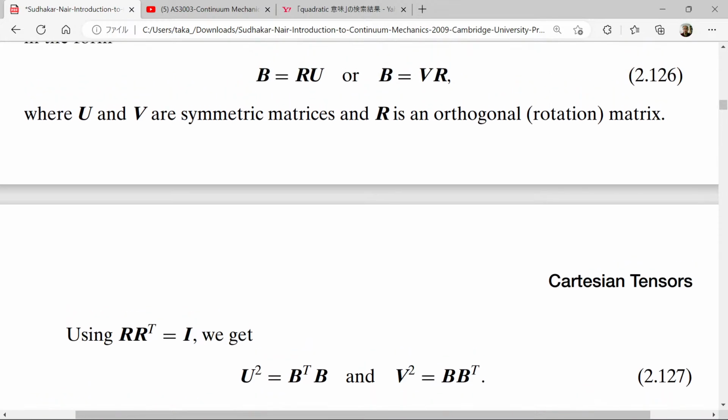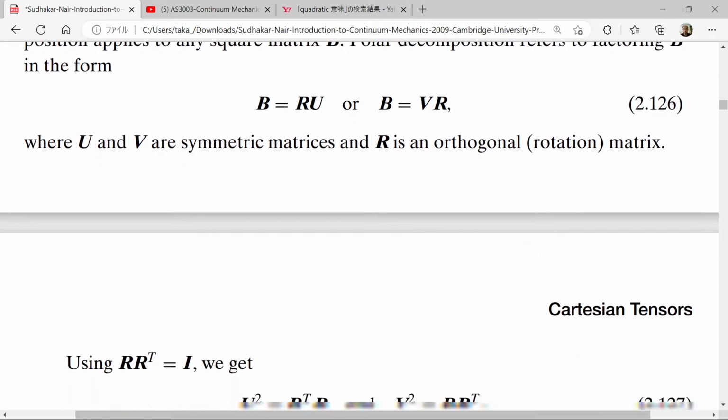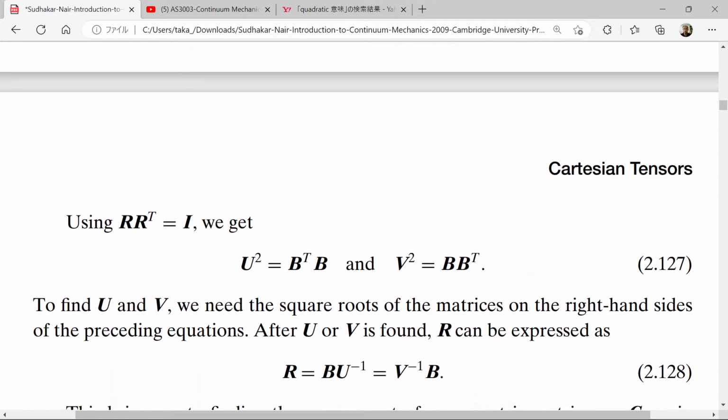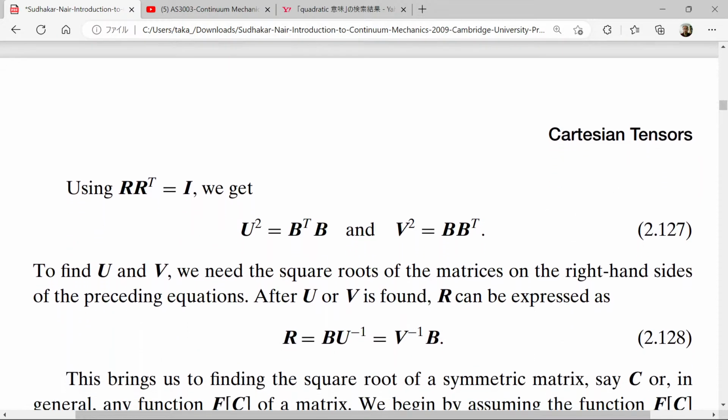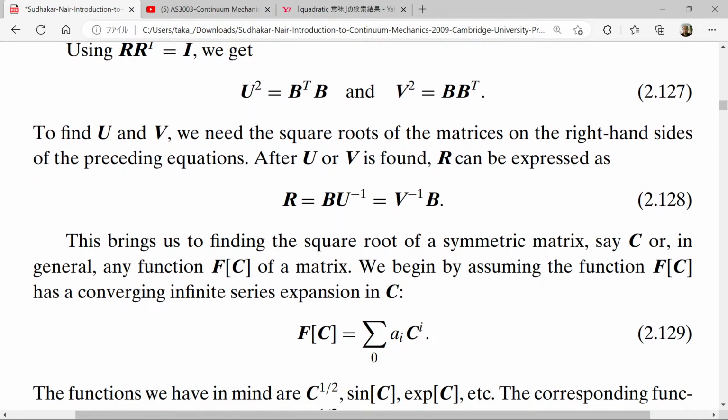Using R R transpose equals 1, we get U squared is B transpose B and V squared is B B transpose.